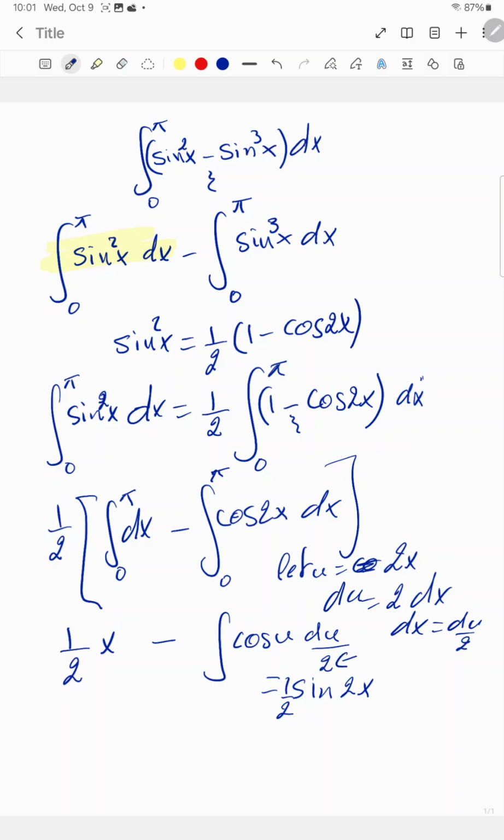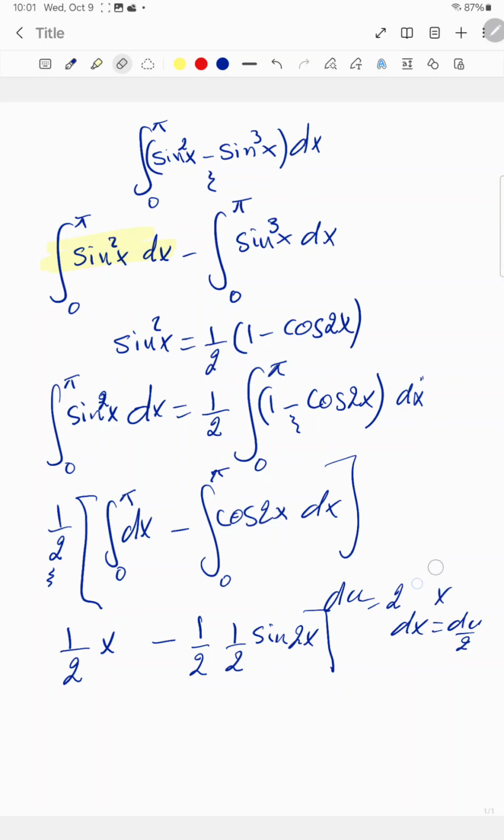So this becomes, there is the 1/2 that is here, I have to put it here, times 1/2 sine of 2x, and all those are between 0 and pi.